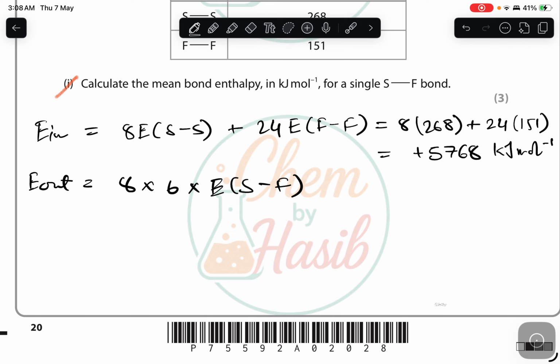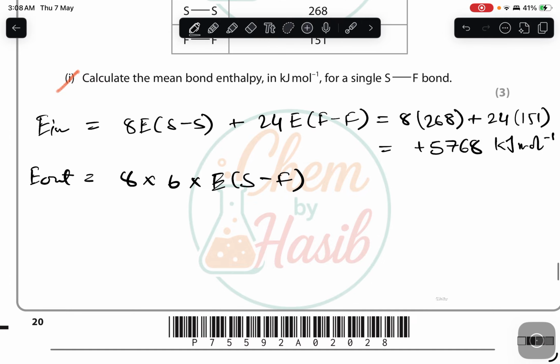This is the number of bonds present in SF6. All right. Then we use the formula del H equals E in minus E out.